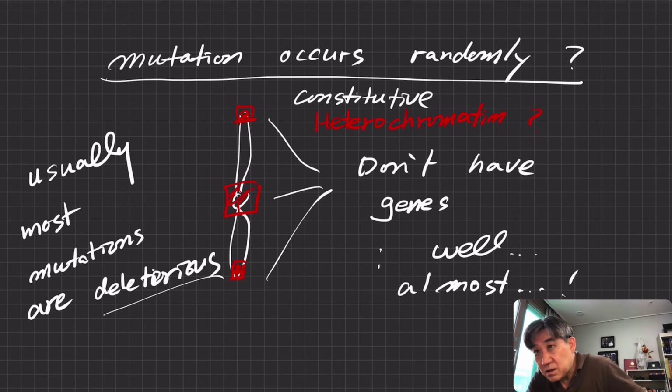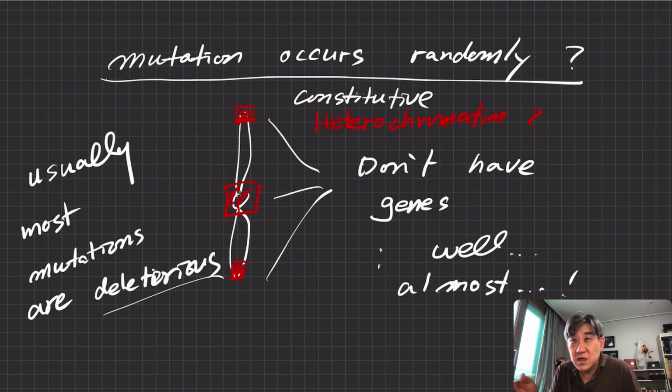But a mutation occurring in a non-gene area, where the heterochromatin areas do not contain any genes, is okay for them. It doesn't affect anything.